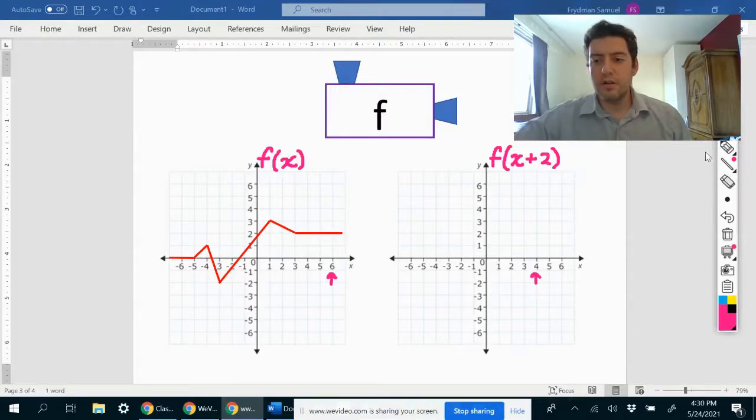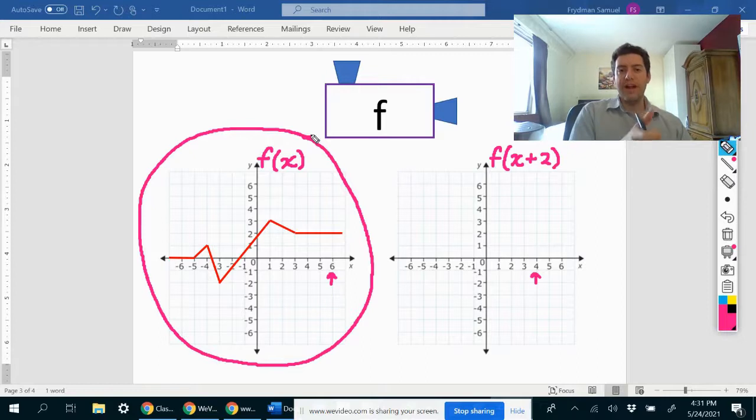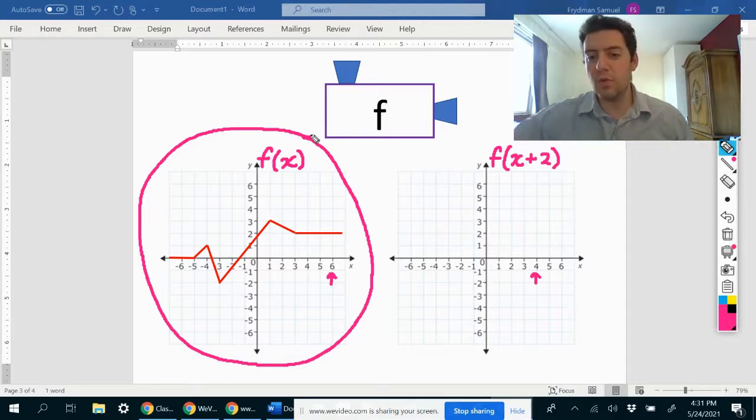We are going to start changing the numbers before we put them into the function machine, but we can always refer back to this graph as our record of what happens when we put certain numbers into the function machine. So let me explain what I mean by that.